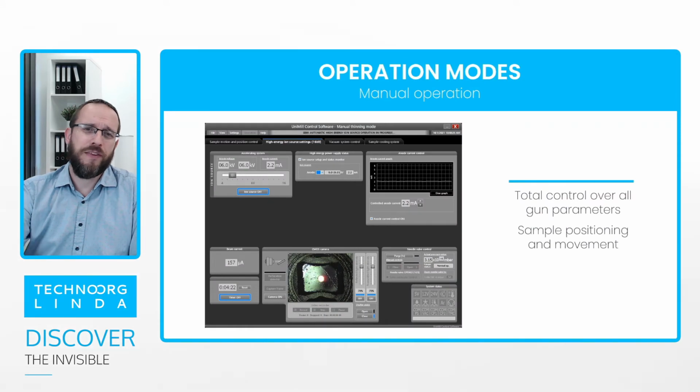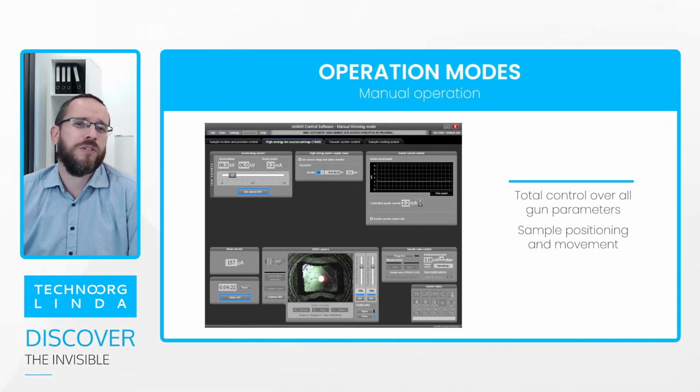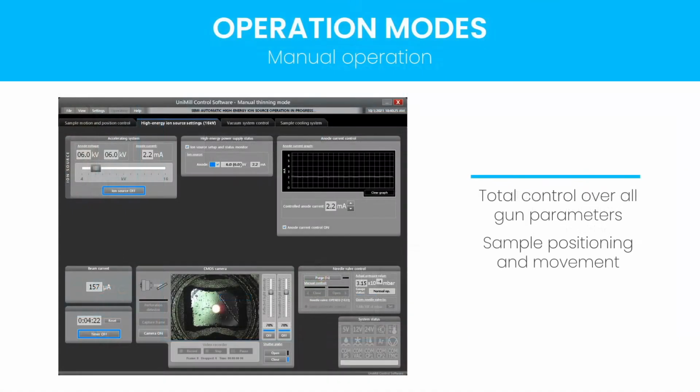Now let's have a look at the user interface. So Unimill can be used in either manual or automated operation modes. In manual mode, you have total control and direct control over all gun parameters, all sample movement and positioning parameters.